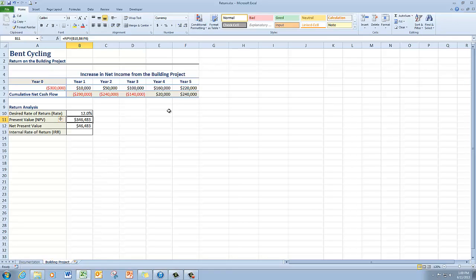And the internal rate of return can be defined as the point at which the net present value equals 0. So we're going to go ahead and calculate the internal rate of return for this investment. And so I'm just going to enter the function equal IRR. And I'm going to select the income projections plus the initial investment for this one.